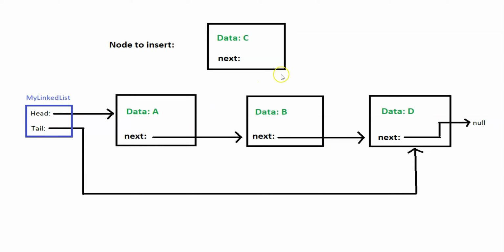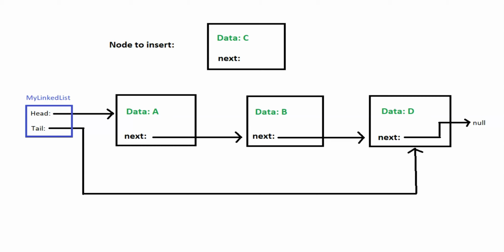So what happens if we want to actually insert into our linked list data structure? If we want to add a new node, sorry, node C, holding the data C, we'd probably want to put that right after node B, because let's just say we're sorting our list in alphabetical order for some reason.